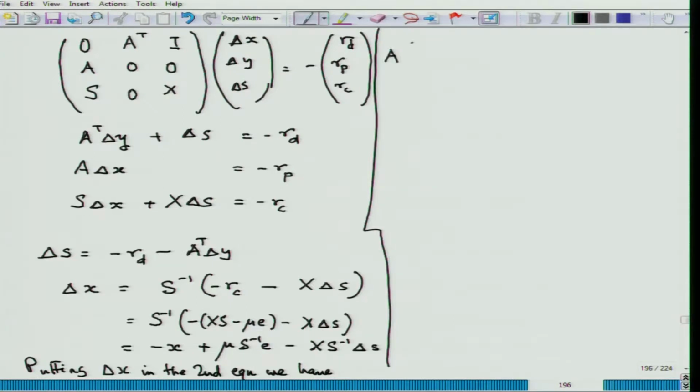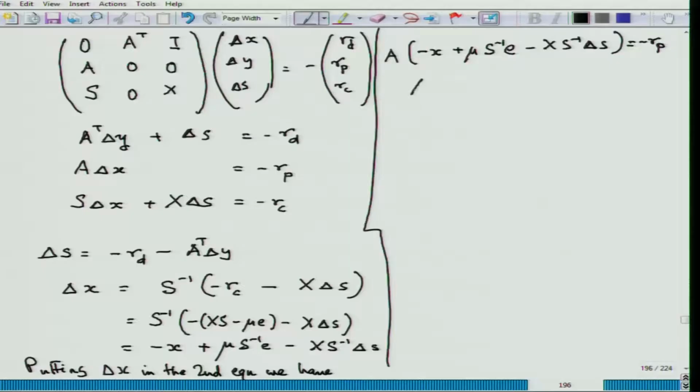So, A times minus x plus mu S inverse e minus x S inverse delta S is equal to minus R P. Now, once I know this fact, I can immediately write down.